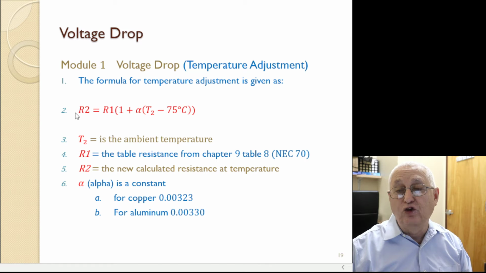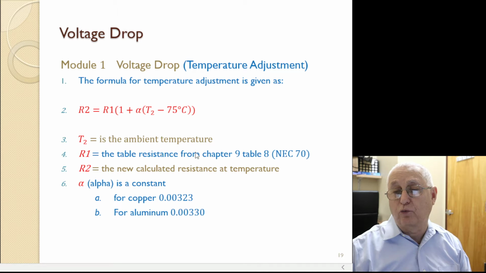R2, that's the new resistance at temperature change, equals R1, which is the table resistance value in ohms, times parentheses, 1 plus alpha, parentheses T2, that's a change in temperature, minus 75 degrees C, which happens to be the table temperature. T2 is the ambient temperature.